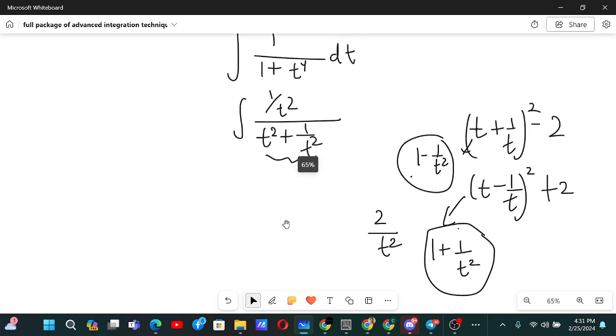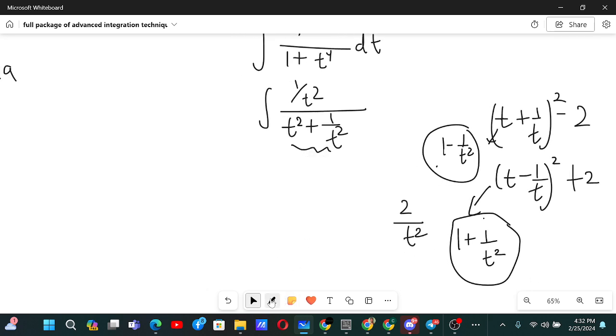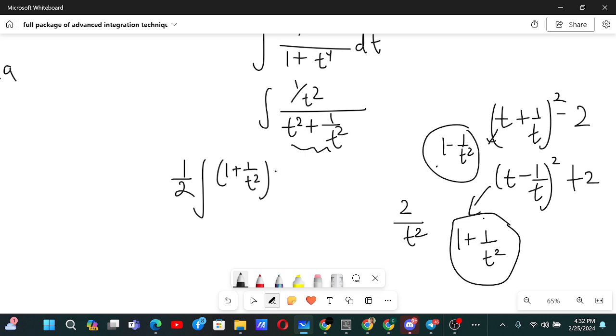What we can do is first introduce 1 by 2 over here. Now this is 2 by t square. Now write it as 1 plus 1 by t square minus 1 minus 1 by t square. And I think you have already understood why I have done that. And after this I can separate the denominator.